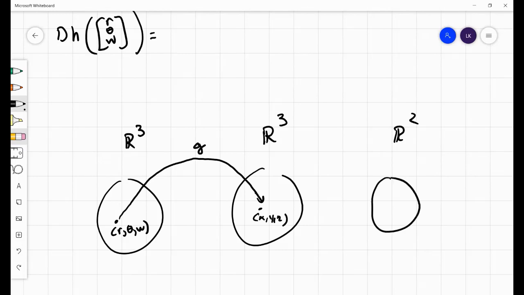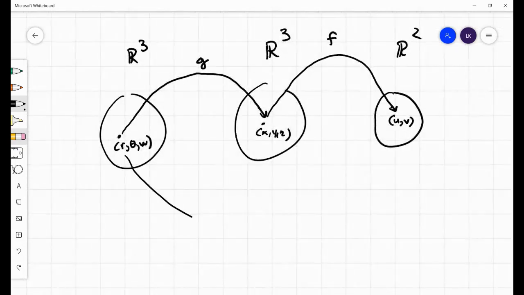Then function f picks it up and returns a vector, let's call it uv, in R2, because the output has two components. So h is the composition of f with g. You first use g and then use the result to plug into f.